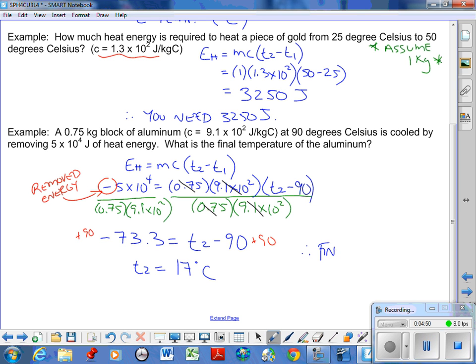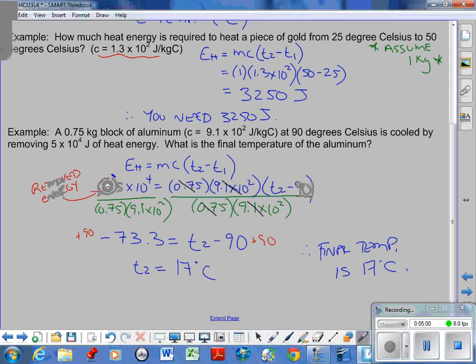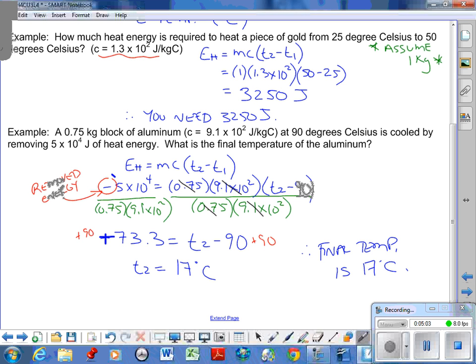So therefore, final temp is 17 degrees Celsius. Worst thing that happens, if you forget this negative sign, this would have been a plus sign, and you would have got 90 plus 73, so you would have ended up with 163 degrees.